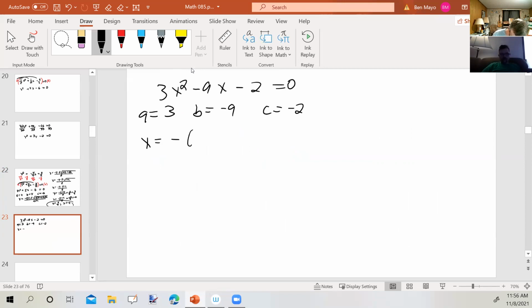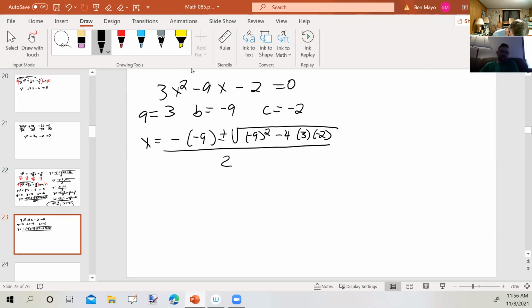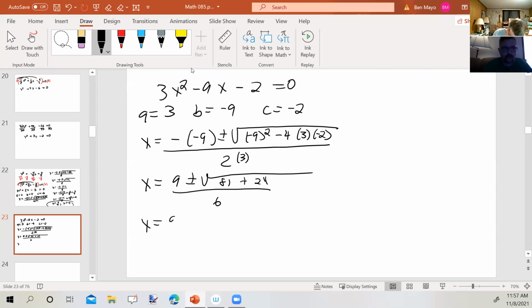X equals negative B plus or minus the square root of B squared minus 4AC all over 2A. X equals 9 plus or minus the square root of 81 plus 24 all over 6. X equals 9 plus or minus the square root of 105 all over 6.